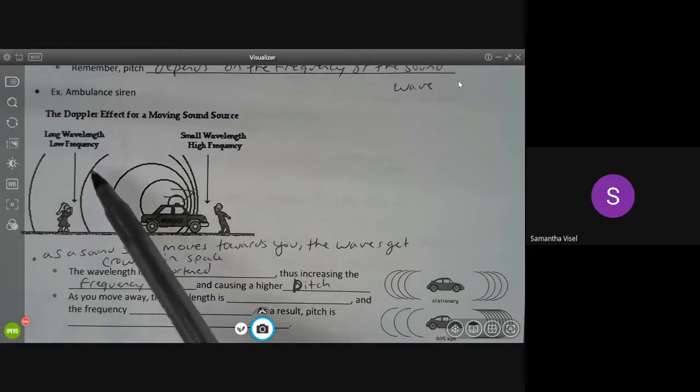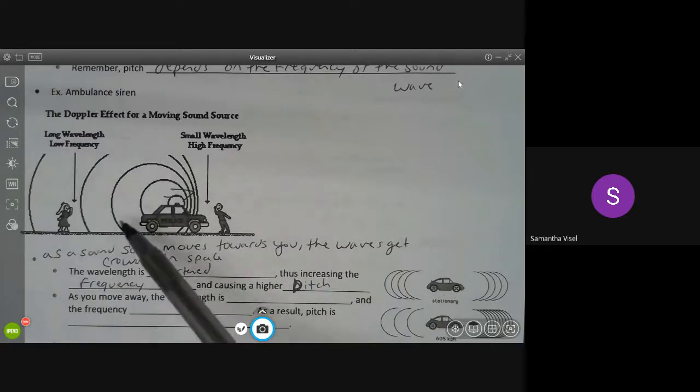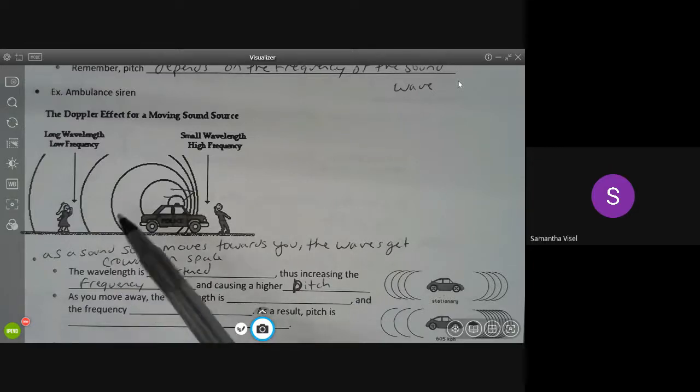Now on the opposite side, if you instead are not facing the direction of the sound source, so you're in the opposite direction, those waves are going to get stretched out, get elongated.